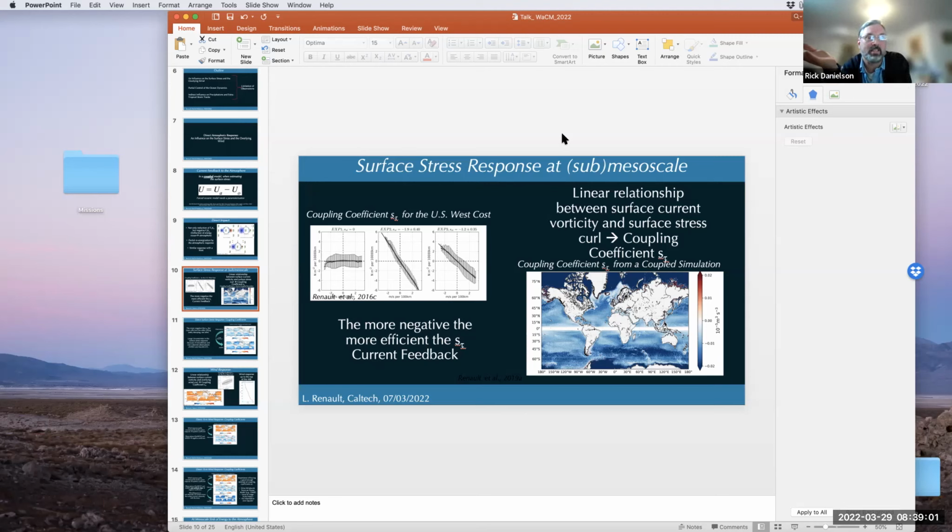It'd be nice to see some convergence, but the question I suppose I would ask is, since we are looking at a linear coupling, what we're actually trying to get to is the nonlinearity in the relationship between these two measures, right?